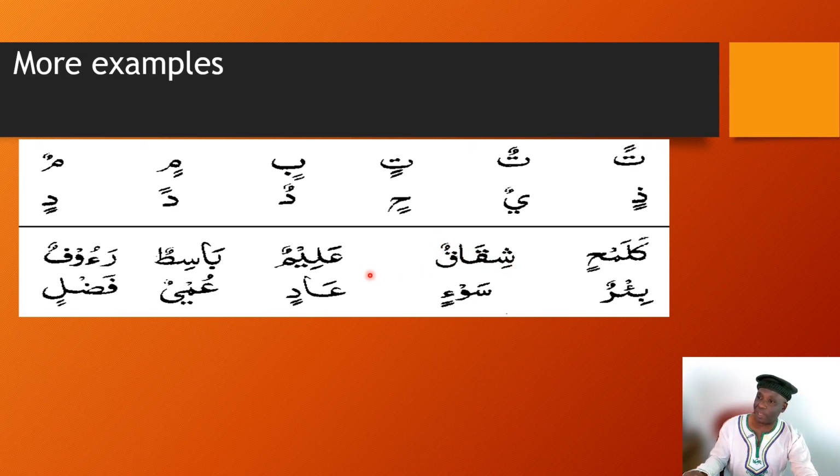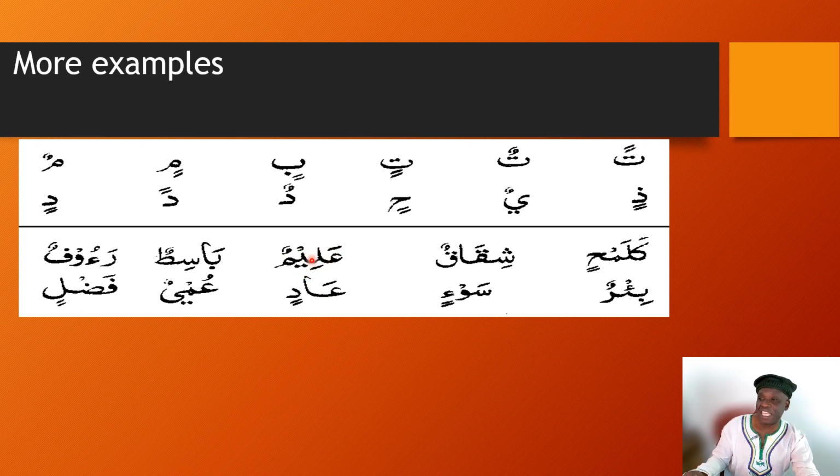Okay, now we've got another example here. Ain, alif, a, lam with kasr, li, ya with jazm, li, ye, yi, mim with Dammatain, mun: alimun.